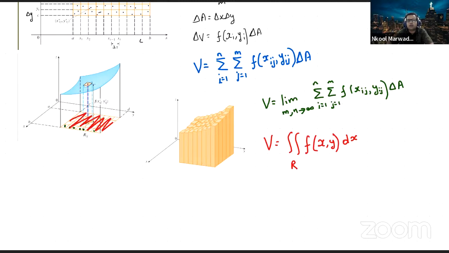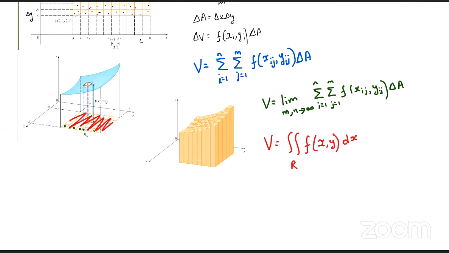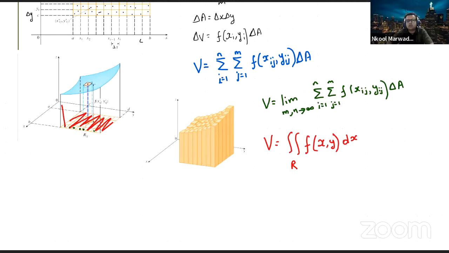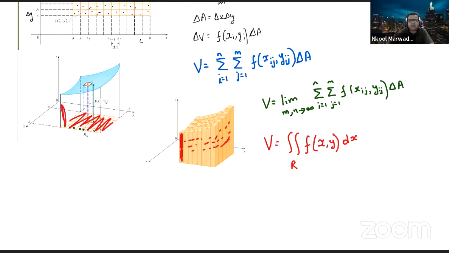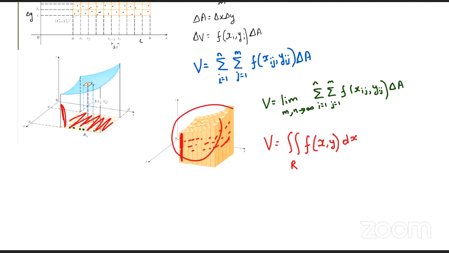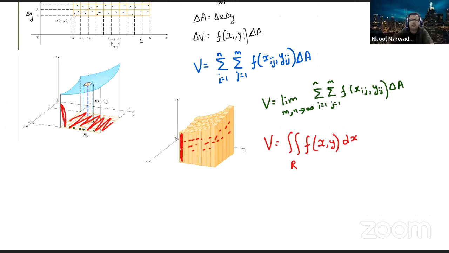So I will get a very small volume of a very small rectangular 3D object. I will keep on adding those volumes, and ultimately I will get the total volume of the object. So this is a mathematical technique, and it works so fine because we are convinced that it will work. Whatever we have discussed, it's logical. It is completely making sense.